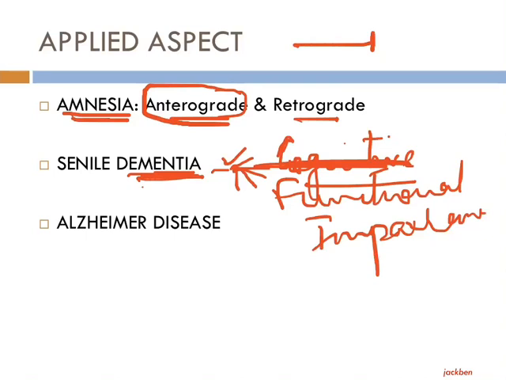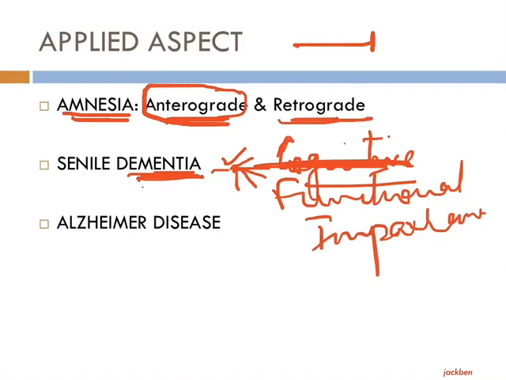This is a very crude example, but to make you understand: anterograde amnesia means after a certain time the person is not able to acquire new memory, but doesn't have any problem with having or retrieving the previously stored memory. That is the anterograde amnesia.